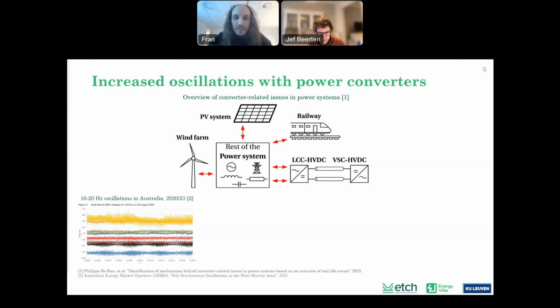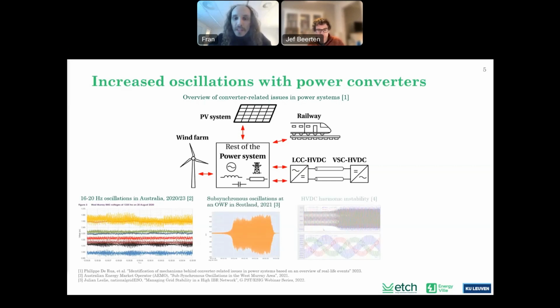We have been seeing subsynchronous oscillations all around the world, in Australia with widespread impact, and also in Scotland, related to some offshore wind farms, at a different frequency range now, in the kilohertz range.